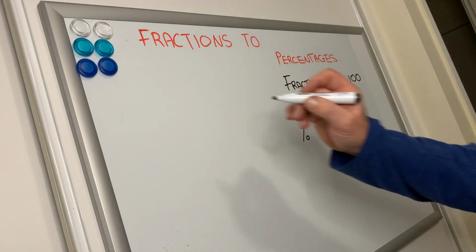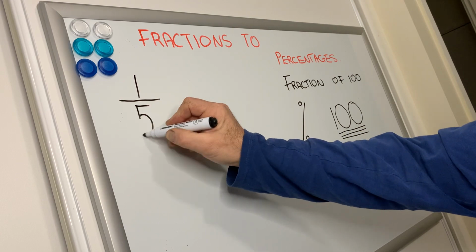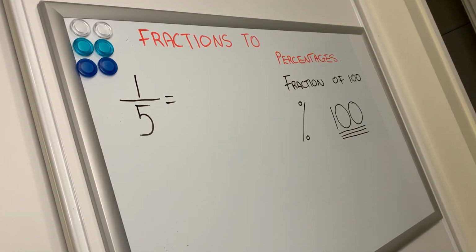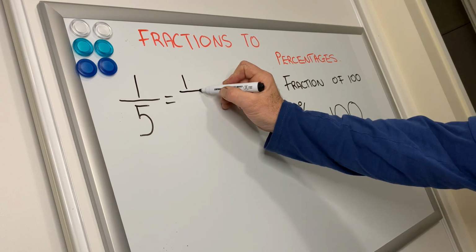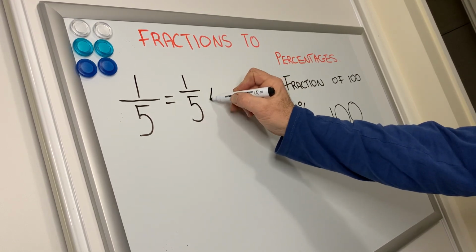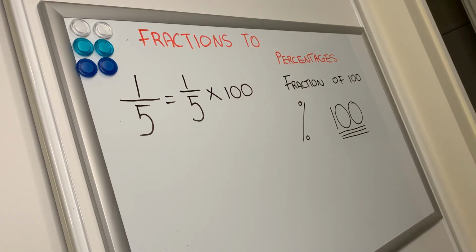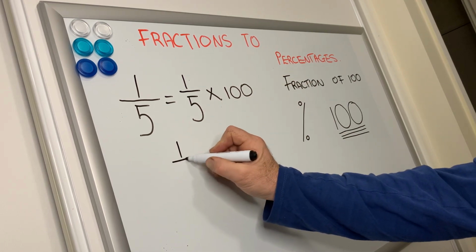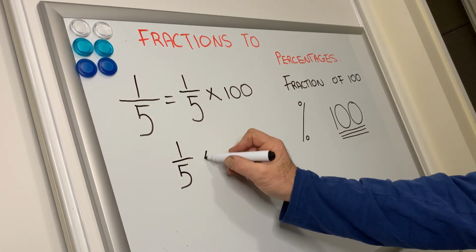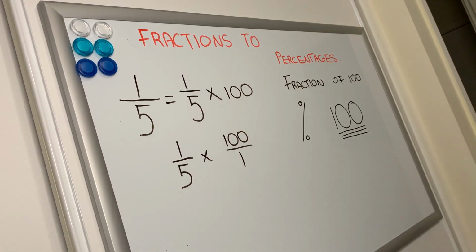For instance, let's have a look at the fraction 1 over 5. We want to work out what 1 over 5 is as a percentage. 1 over 5 can be written as 1 over 5 times 100 if we're wanting to work it out as a percentage. So I'll just go through that again: 1 over 5 times 100 divided by 1.